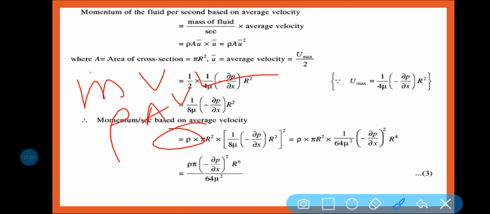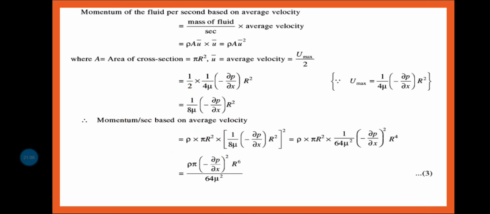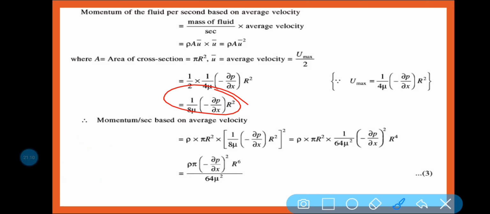So rho a v square, so rho into area into velocity square. The velocity is the average velocity, so I have got this: 1 by 8 mu into minus del p by del x into r square, the whole square, because we know that rho a into u bar square, and this is the u bar.